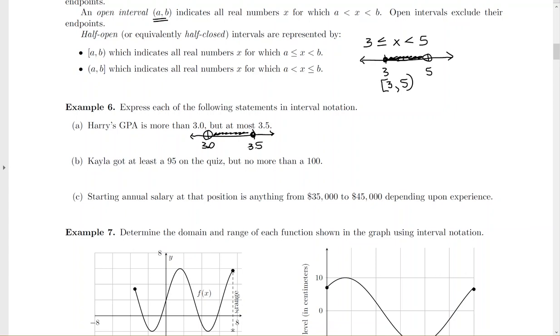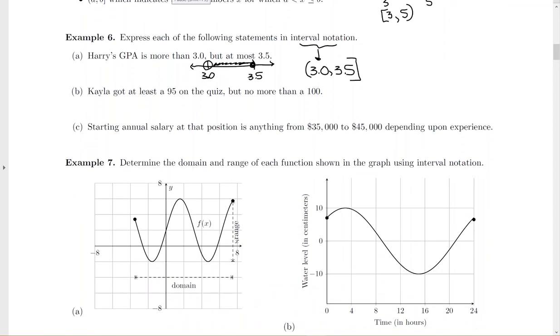It could be 3.5, but it can't be any bigger than that. So when I look at this and I write it in interval notation, I'm looking at starting at 3.0, finishing at 3.5, and then I have to get the right symbols at the ends here. So at 3.0, it's an open dot. So with open dots, we use parentheses, a filled in dot, I would use a bracket.